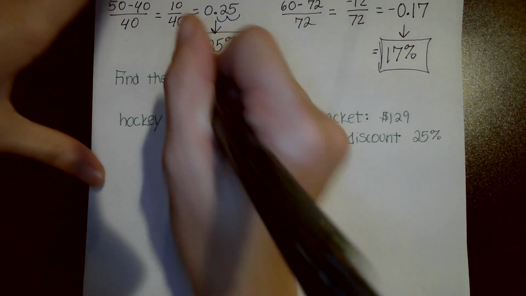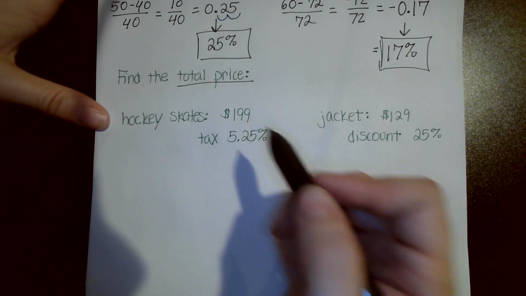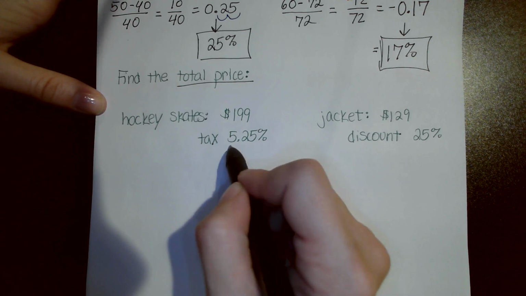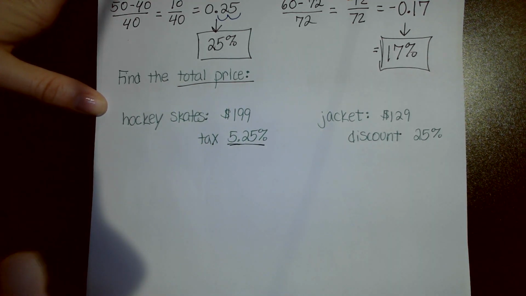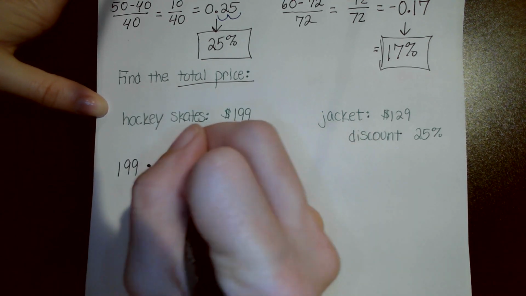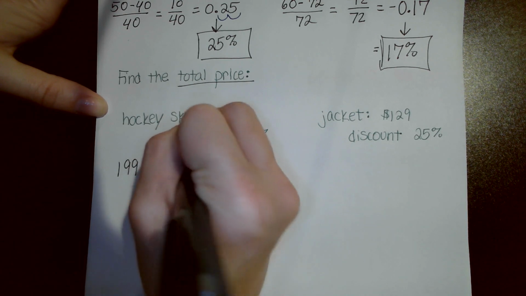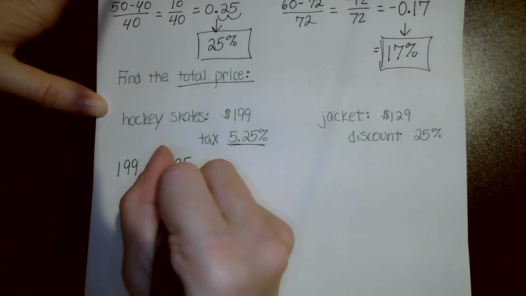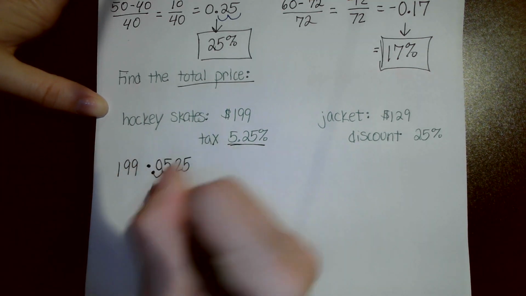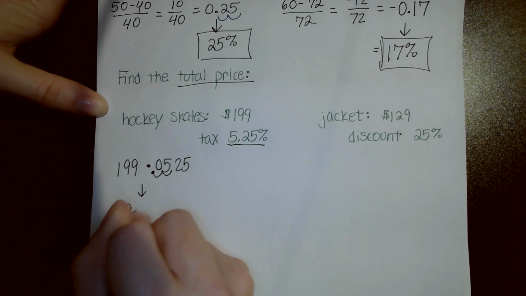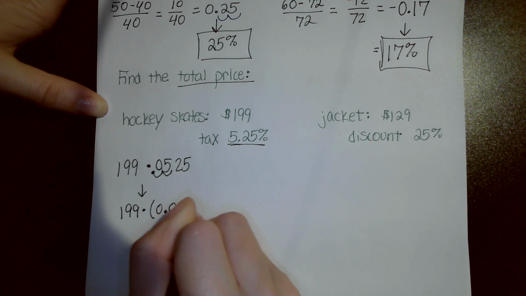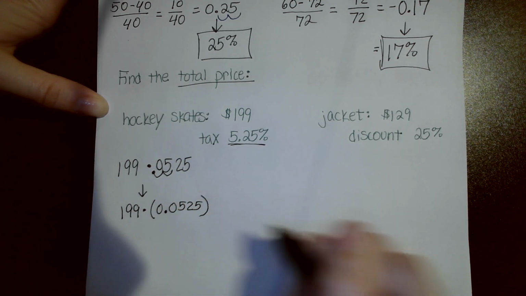Now let's use that to find the total price of something. Let's buy some hockey skates. So if the skates are $199 and tax is 5.25%, I'm going to do $199 times 5.25 as a percent. So I'm going to move the decimal 2 places to the left and add in my 0. So this will be 199 times 0.0525. All right.